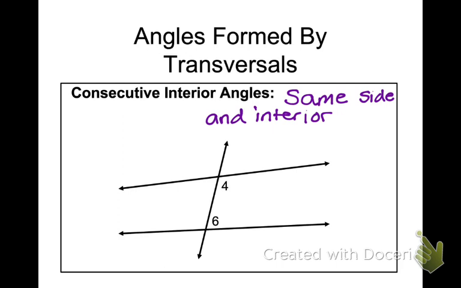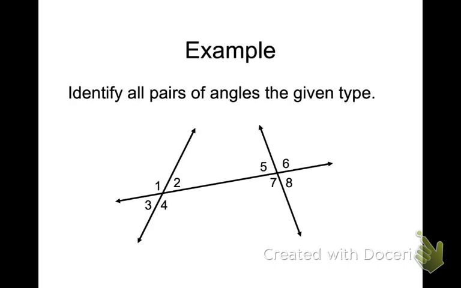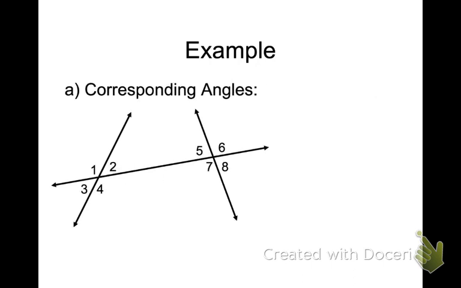Very good. All right, so looking at this diagram, what would be all of the corresponding angles? I'm going to start with angle 1. Angle 1 would correspond to what on the other side? 5. So top left, 5. So angle 1 and angle 5 would be a corresponding angle pair.